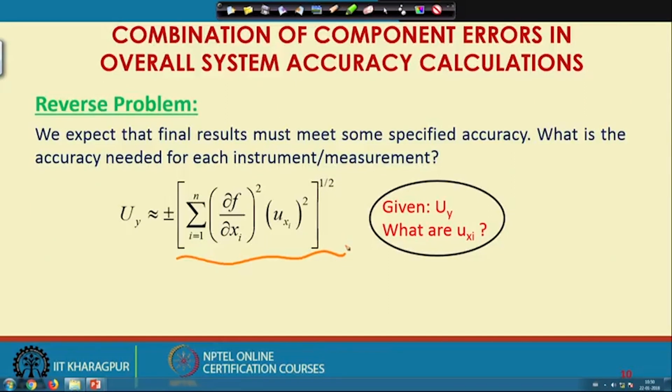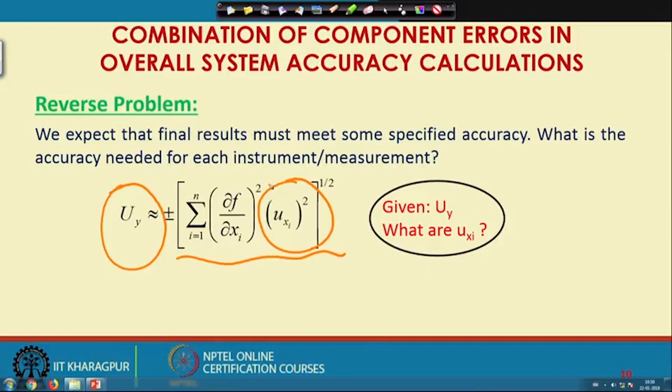In case of reverse problem, we have been given a specified value of u y. So, I am asking what are the allowable or maximum values of u x i.